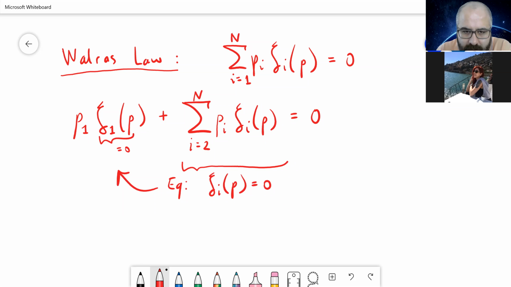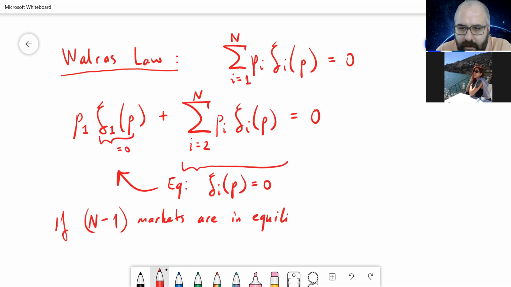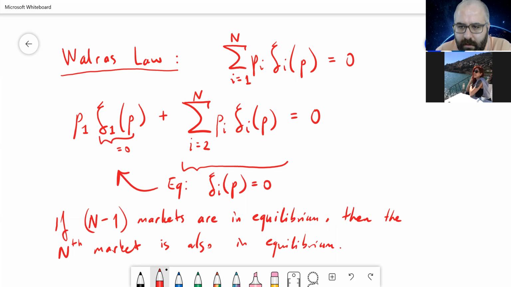So usually we say if n minus 1 markets are in equilibrium, then the nth market is also in equilibrium.